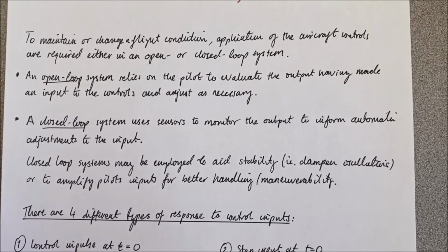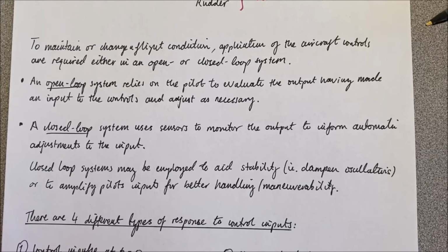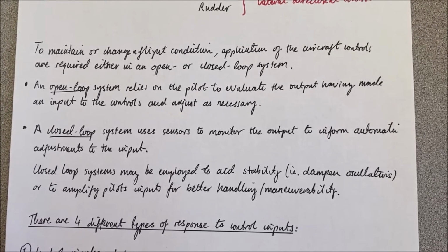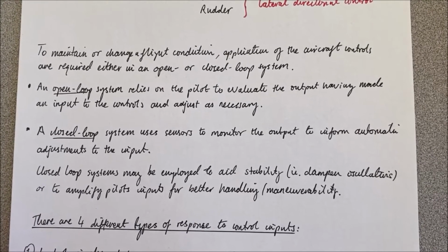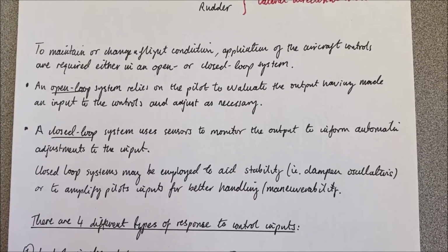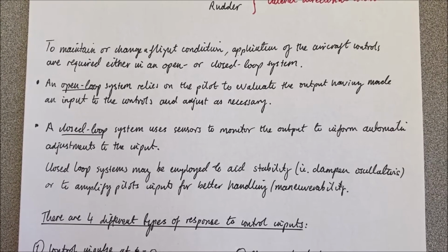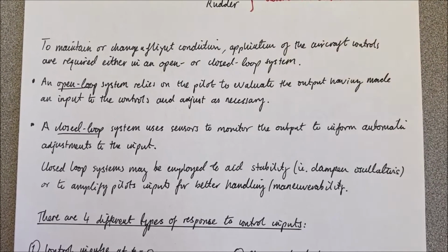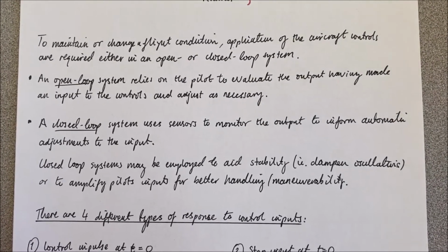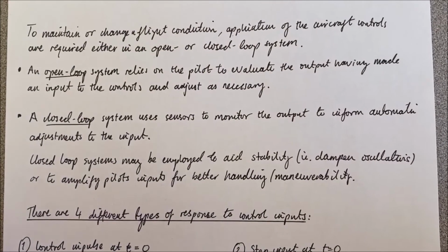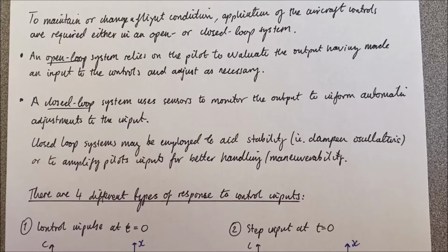So in this case, a control input is made, and then sensors are used to measure or monitor the output, and then automatic adjustments are made to actuators on the control surfaces to constantly reevaluate the flight condition that's been obtained, right? So typically closed loop systems have been used to aid stability.